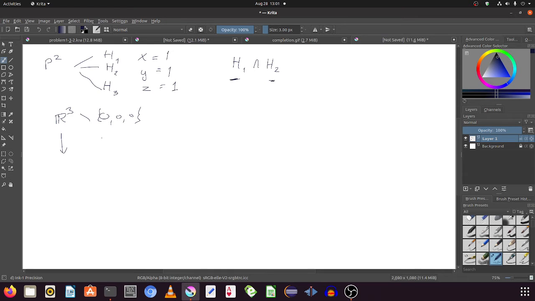We have to discard the center. And then say that these open balls are mapped into open balls in P2, and that's all the balls that exist.